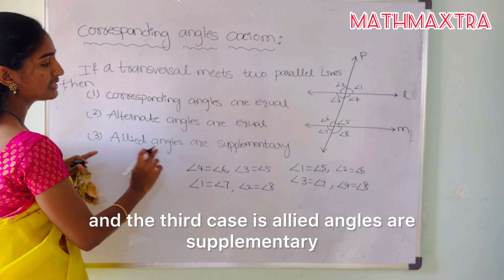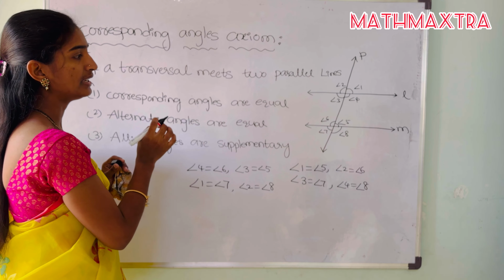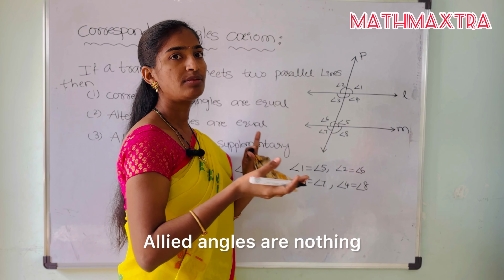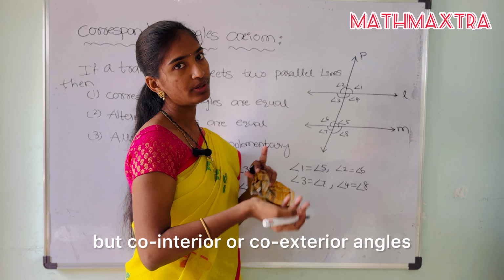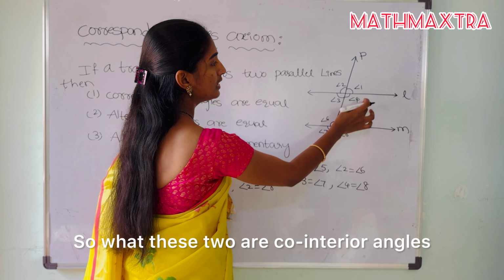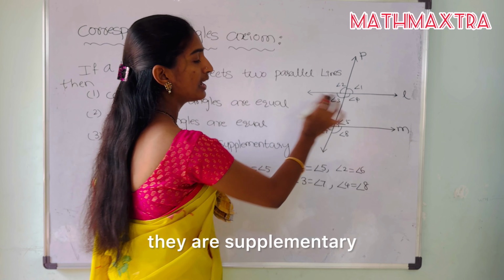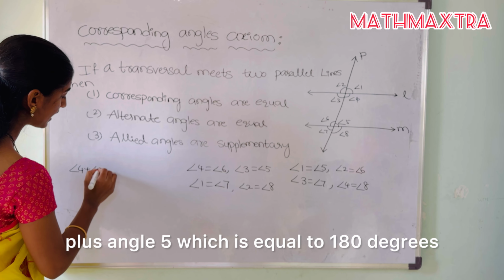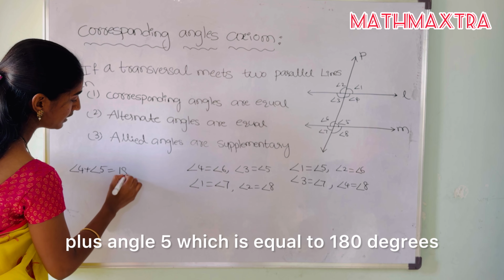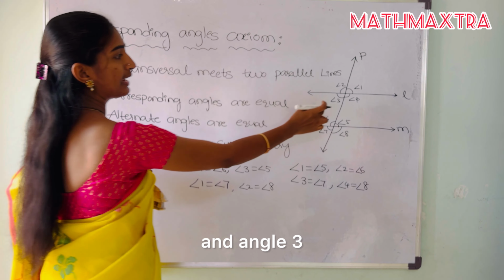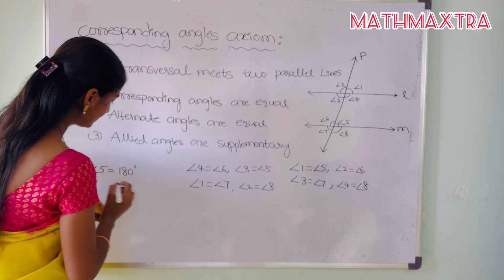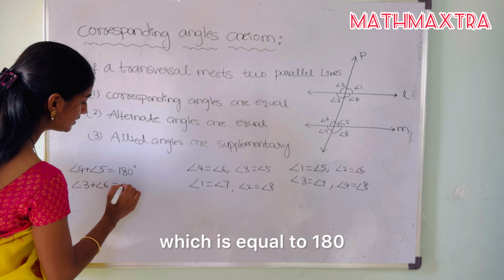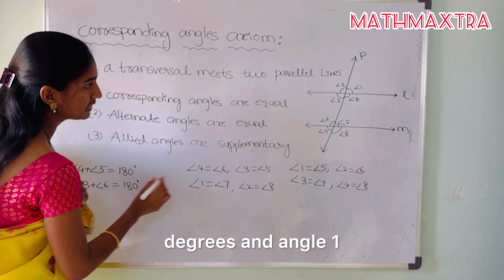So whatever it may be, alternate interior or alternate exterior, alternate angles are always equal. And the third case is allied angles are supplementary. What are allied angles? Allied angles are nothing but co-interior or co-exterior angles. These two are co-interior angles. They are supplementary. That is why angle 4 plus angle 5 is equal to 180 degrees, and angle 3 plus angle 6 is equal to 180 degrees.